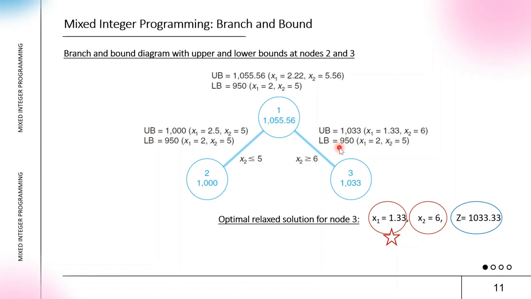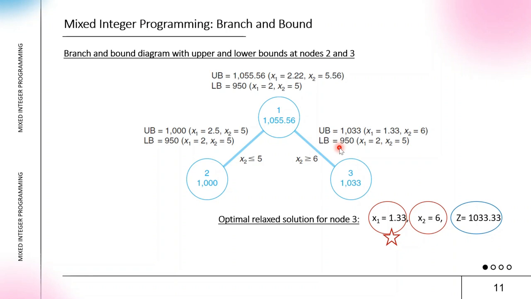Since this is a maximization form of the optimization problem, we always select the node with the highest upper bound, as it offers the greatest potential for finding better solutions. Here, node 3 represents the most promising branch in our search for the optimal solution.